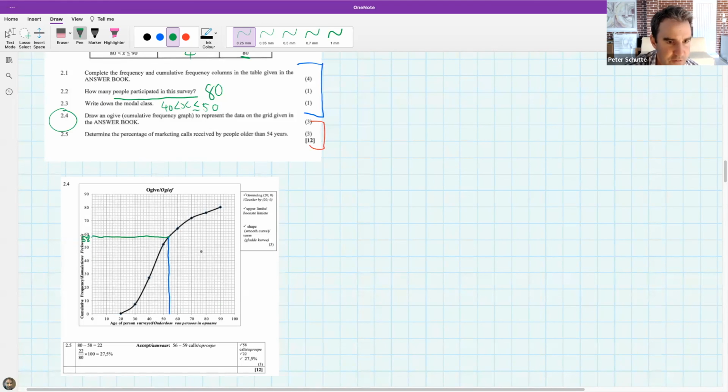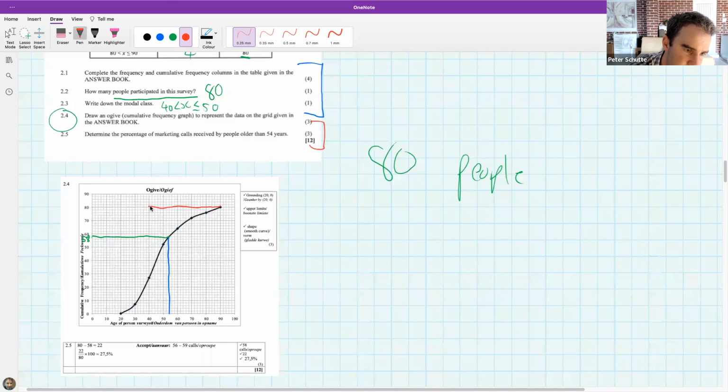So in grand total, we have 80 people in this whole ogive. We can see that 58 of them are younger than 54 years. So 58 people are younger than 54 years.